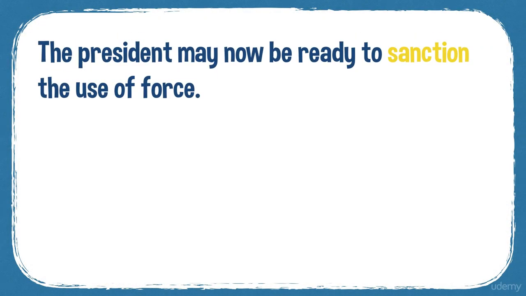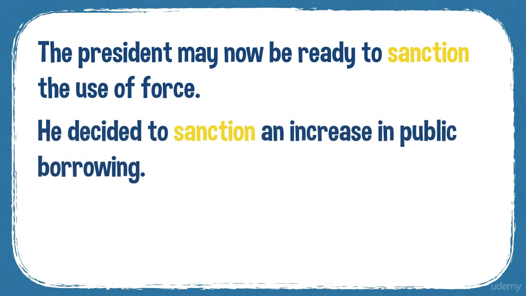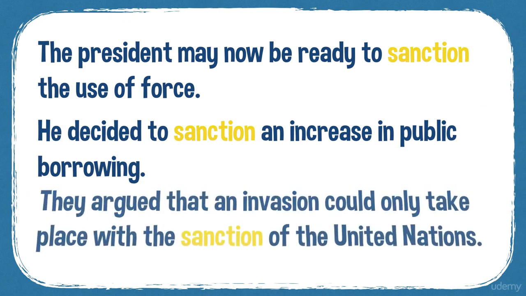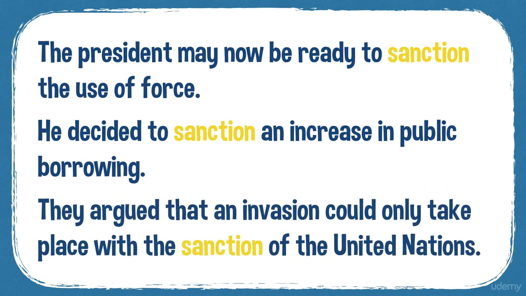So, for example, the President may now be ready to sanction the use of force, to give it official approval. He decided to sanction an increase in public borrowing. They argued that an invasion could only take place with the sanction of the United Nations.